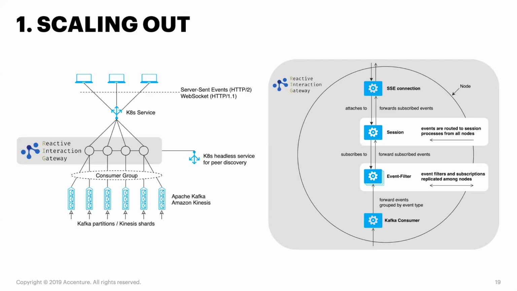On every node, there is one filter process for each event type encountered, and the event subscriptions are replicated among them. An incoming event is dispatched to the local filter process that matches its event type. The filter process compares the event with the subscriptions. If there is a match, the event is forwarded to the respective session process and in turn to the attached frontends.